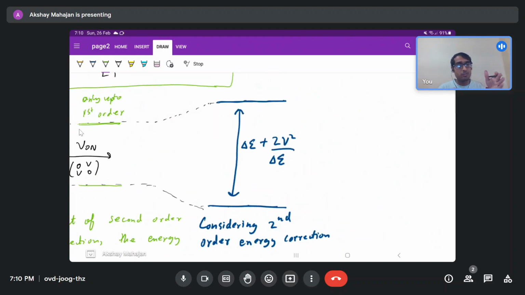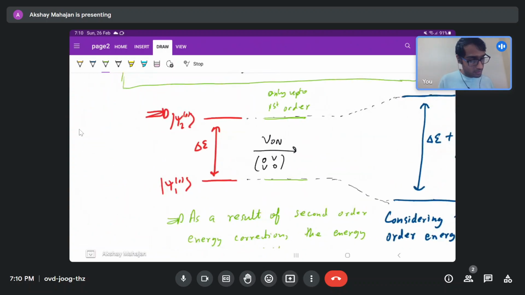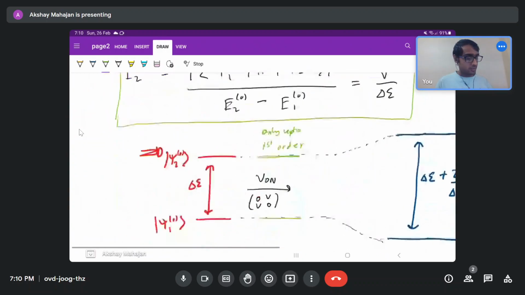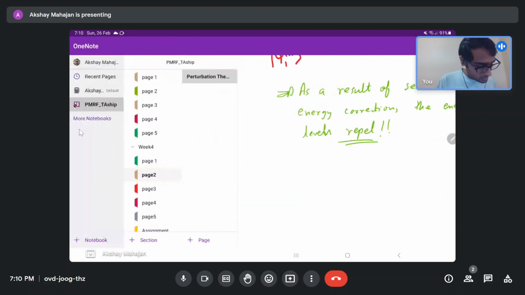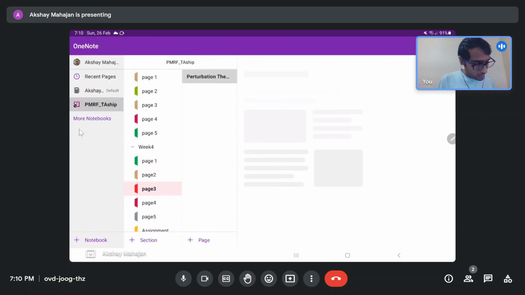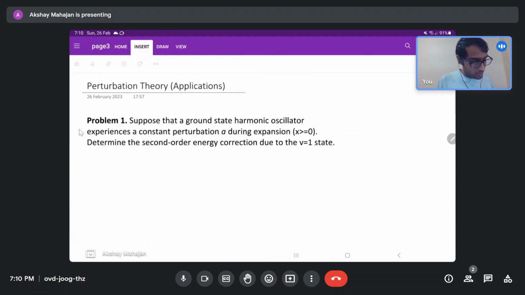Because of this perturbation, these energy levels are repelling each other, and thus our energy gap is increasing. Okay, so this is an example of perturbation theory, how to use these equations and formulas. All right, and now let us move on to the next problem on perturbation theory.